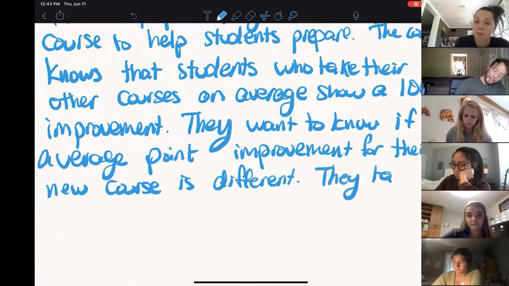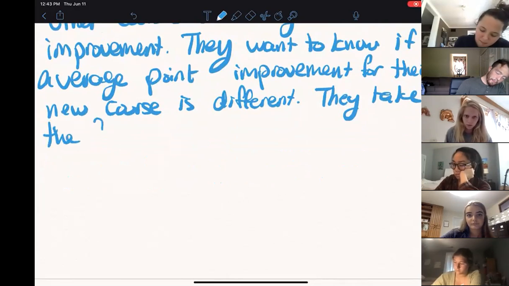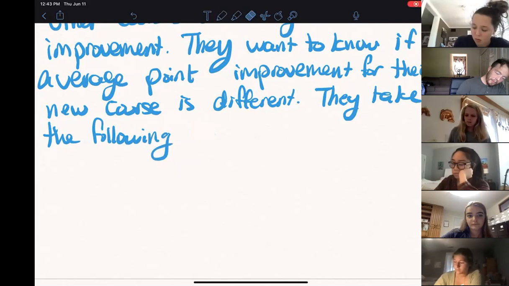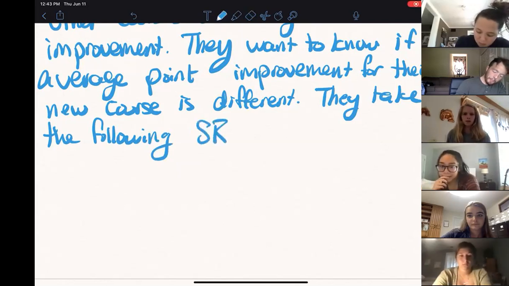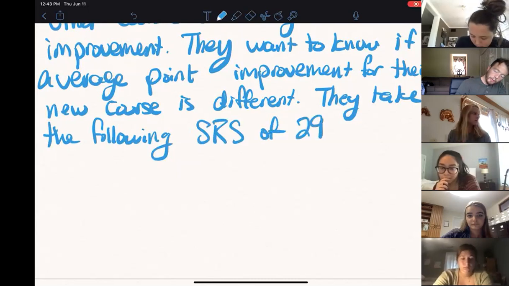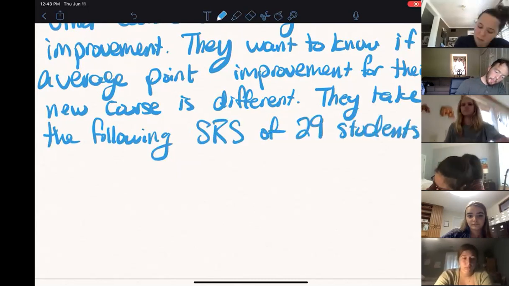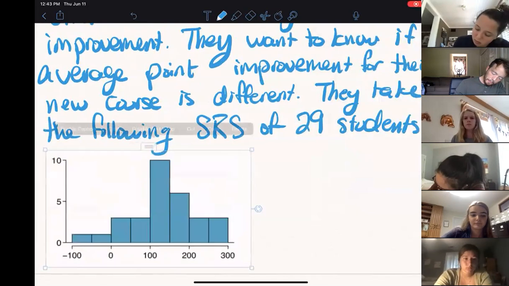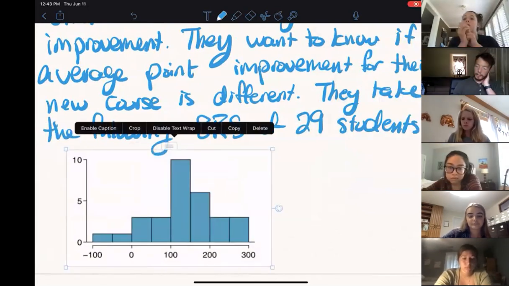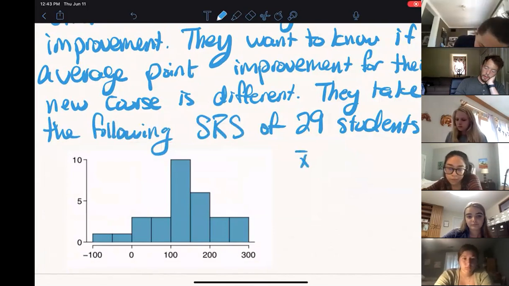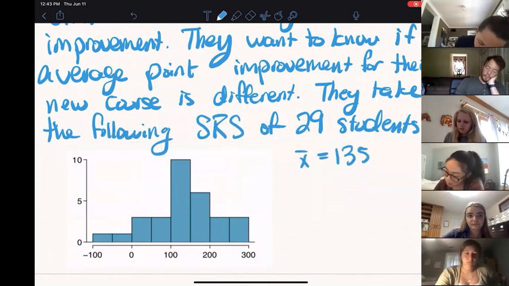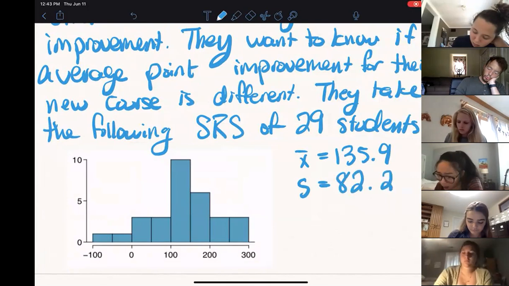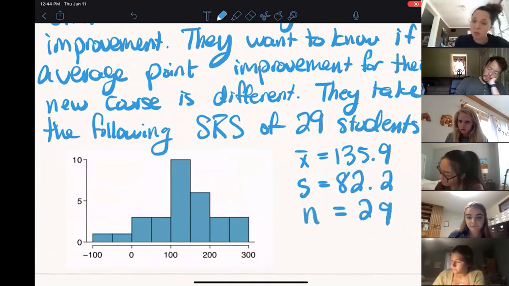So they take the following sample, let's say a simple random sample of 29 students. That's this picture. Here we're actually looking at the data, and I'm going to tell you that x bar is equal to 135.9, s is equal to 82.2, and n is equal to 29.